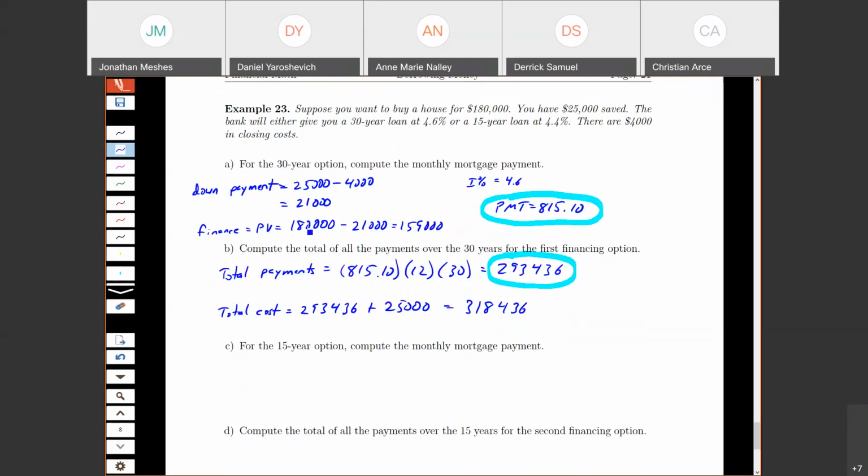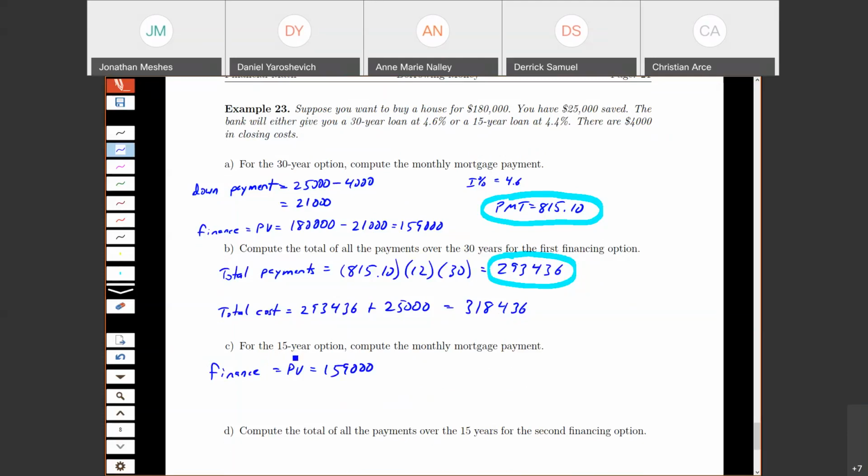Now let's look at the 15-year option. If I want to compute the monthly mortgage payment, I'm still financing the same amount, so I can reuse some of that work from part A. The finance amount is going to be $159,000, because it's the same down payment, same fees.